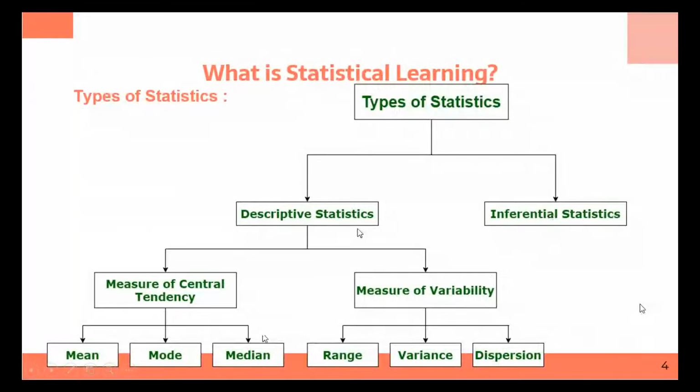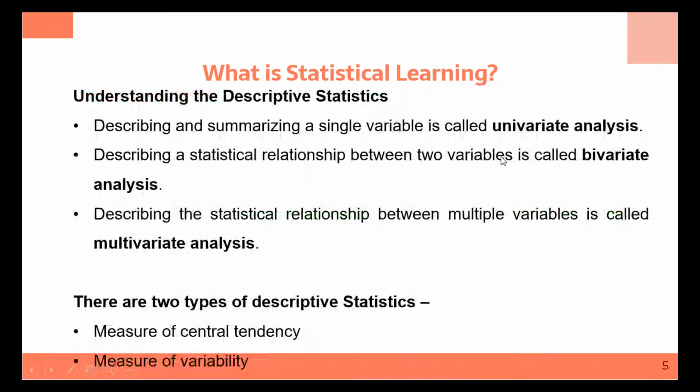Types of statistics. We have descriptive statistics. We have inferential statistics. Descriptive statistics: describing and summarizing a single variable is called univariate analysis. That is descriptive analysis in the category. Describing a statistical relationship between two variables is called bivariate analysis.